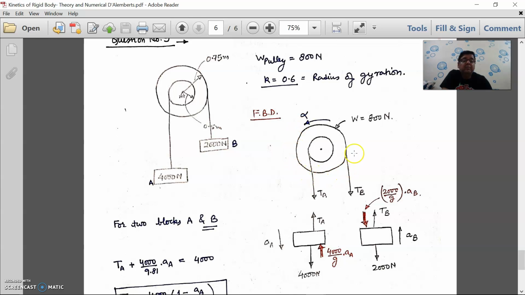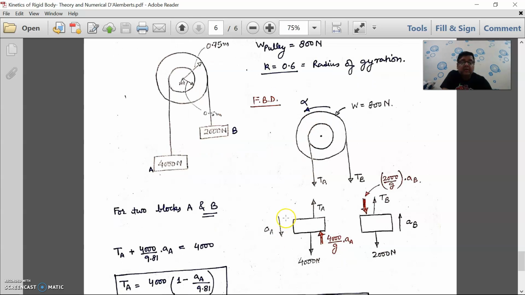This is the free body diagram of the central pulley, this is block A, and this is block B. I assume that this will go down and this will go up, so the pulley will rotate in this way, and the angular acceleration alpha is in this direction.